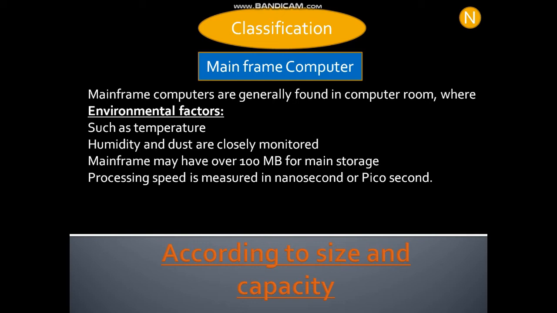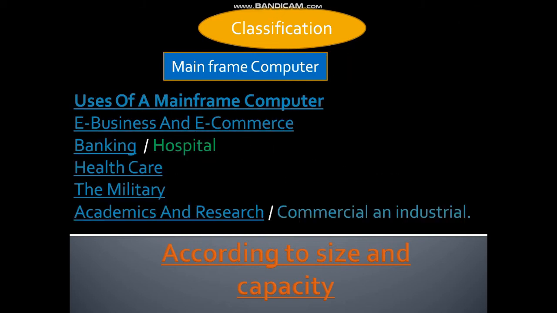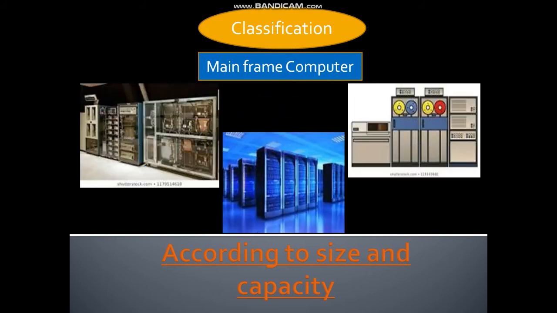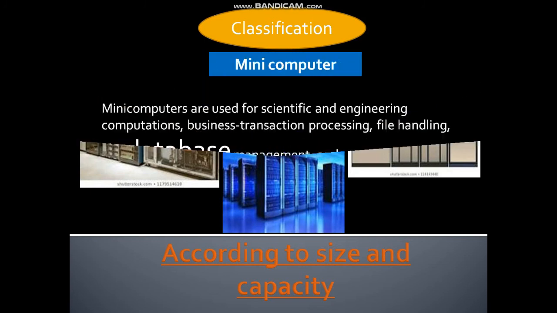Processing speed is measured in nanoseconds or picoseconds. Uses of mainframe computers: e-business and e-commerce, banking, hospital, healthcare, the military, academia and research, commercial and industrial. These are the mainframe computers.